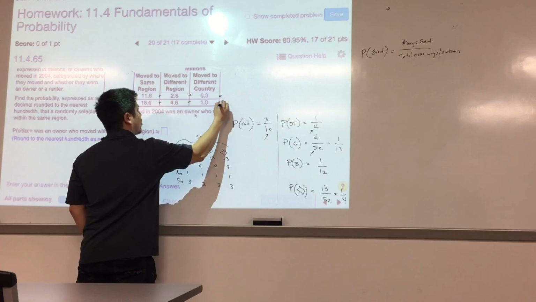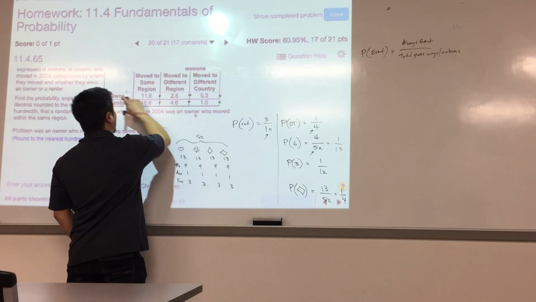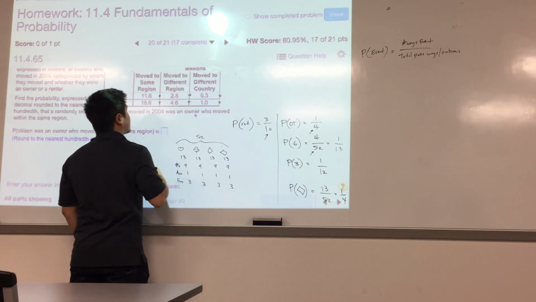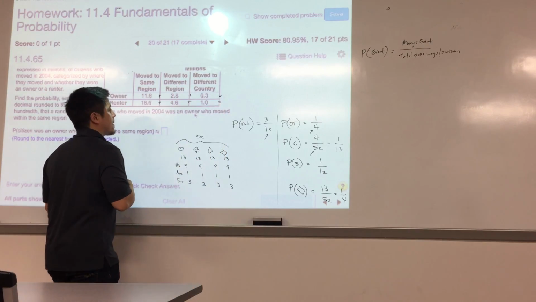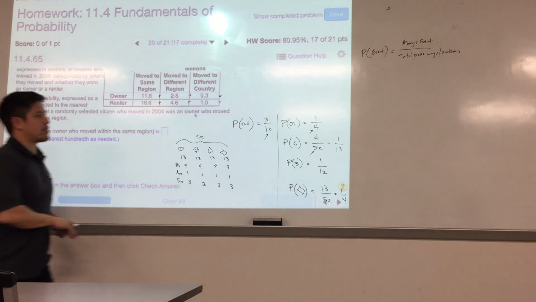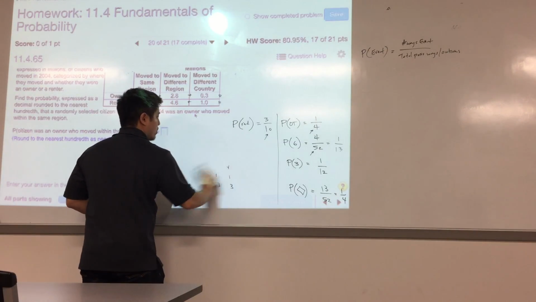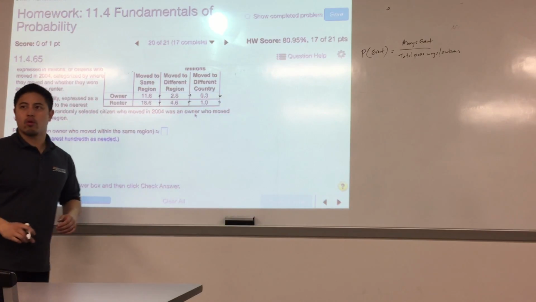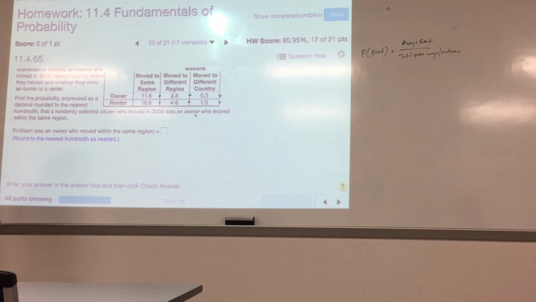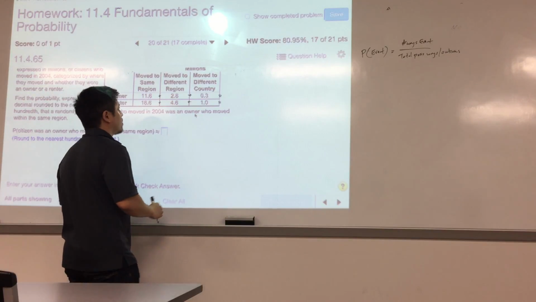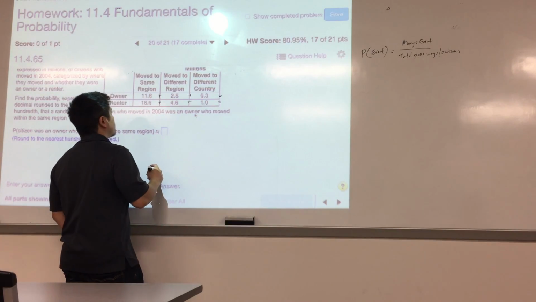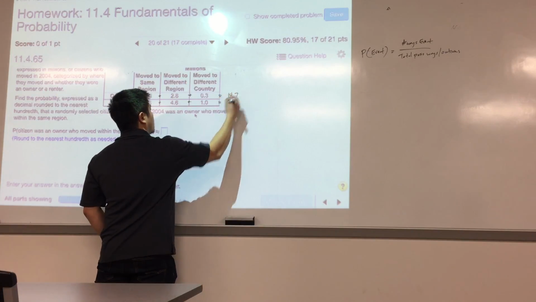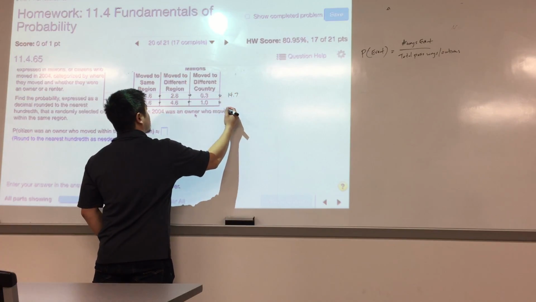Okay, so let's first get our numbers of the total number of owners who moved to various places. Somebody tell me that. What do you got? 12.4, 14.4, 14.7? 38.9. 38.9?